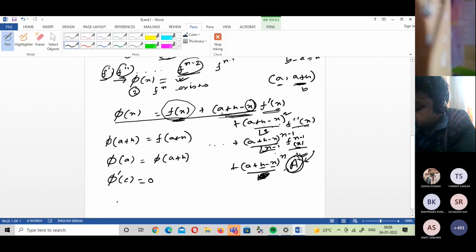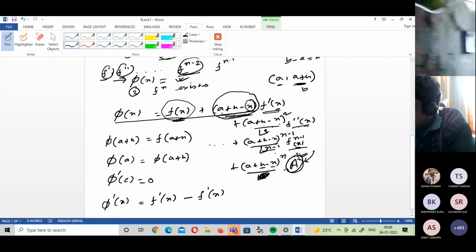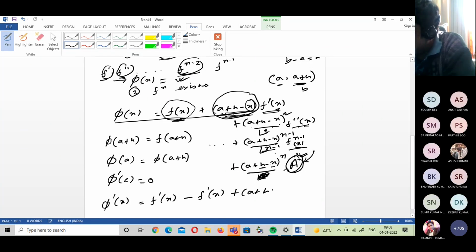So phi dash x, here it will be f dash x, this will be u, so it will be minus f double dash x, minus f dash x, then this is unchanged, a plus h, and f double dash x.